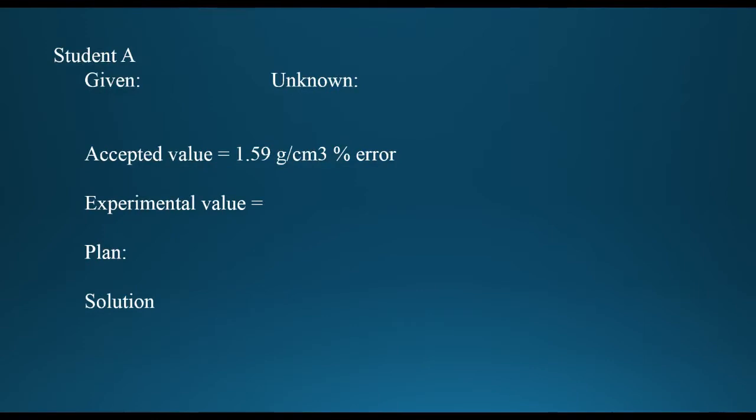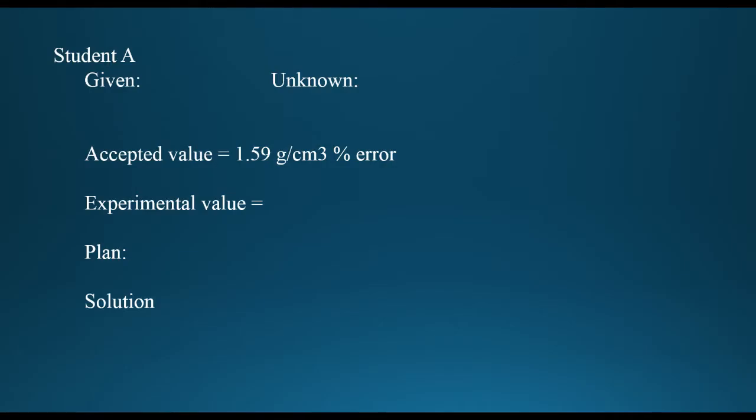All right, so let's say student A measured the density. So let's write this down. Student A measured the density of a substance and found the density to be 1.32 grams over centimeter cubed.